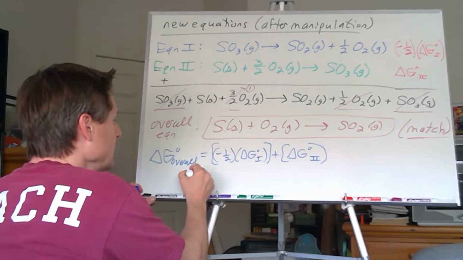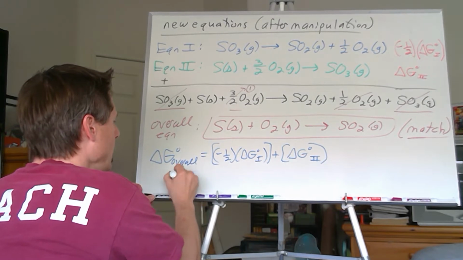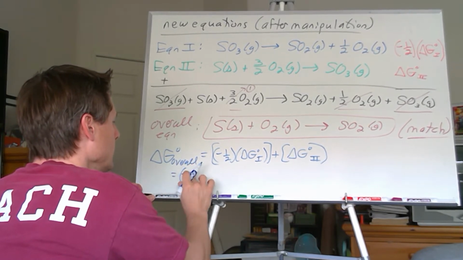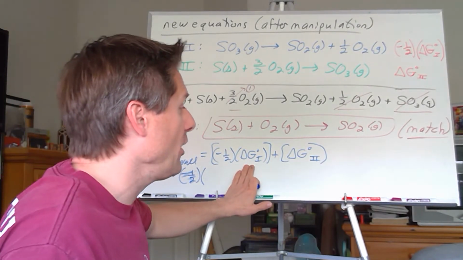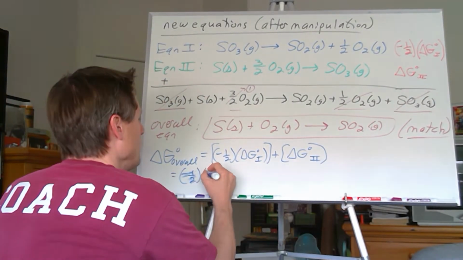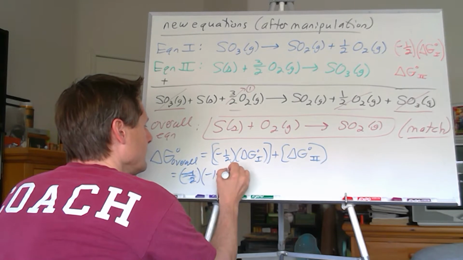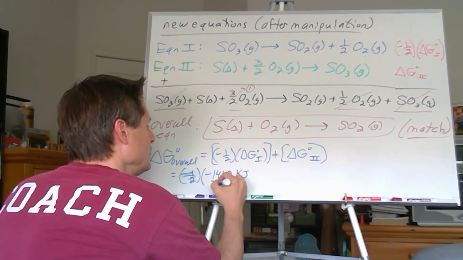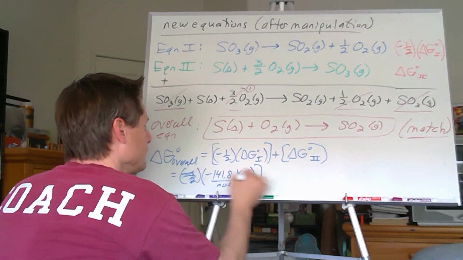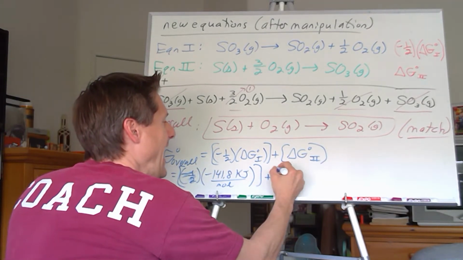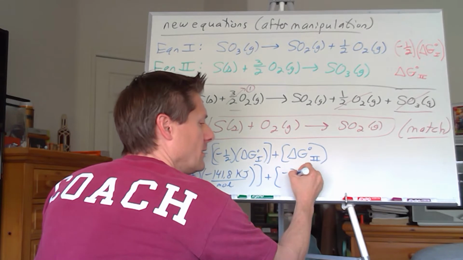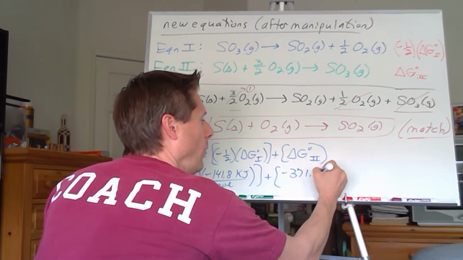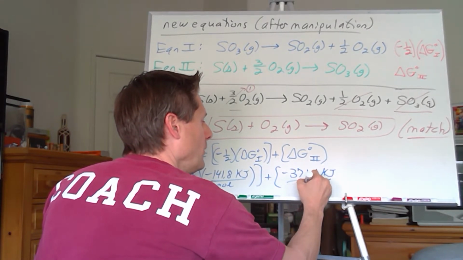So let's do that. Let's take negative 1/2. Ooh, that's a pretty ugly 1/2. Times the original delta G1. What was that? Negative 141.8 kilojoules per mole. Let's add the original delta G2, negative 371.1 kilojoules per mole.